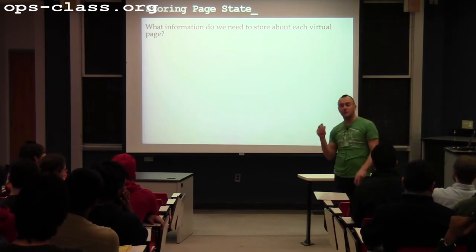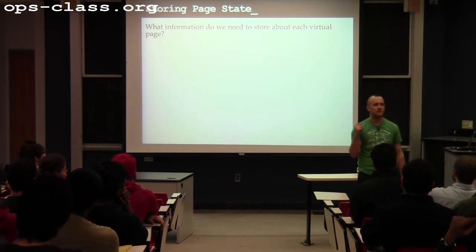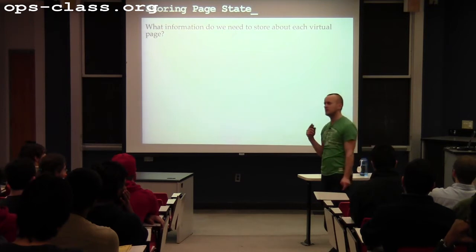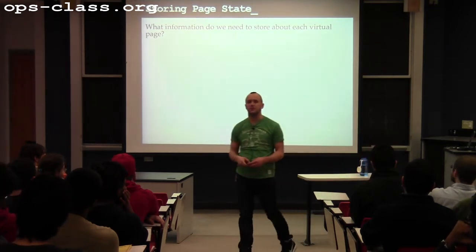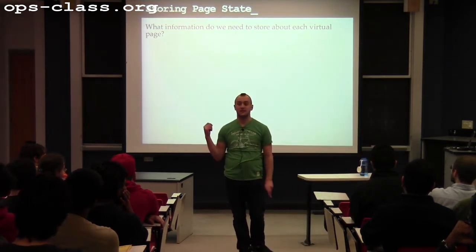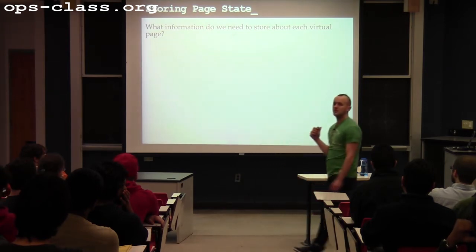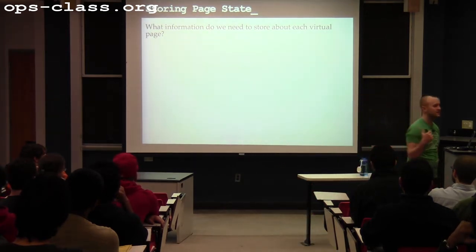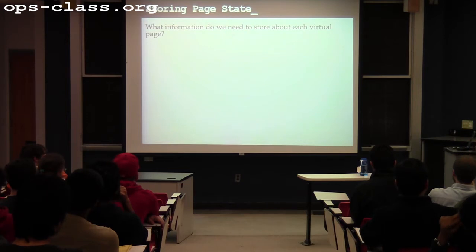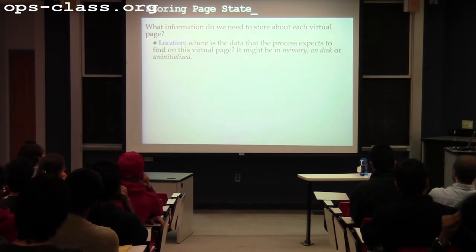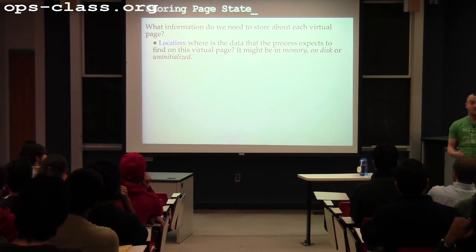So we might know the physical page, but what has to be true about this page if I have a physical page number for it? What does it mean about the page contents? Not a trick question. Where are they? They're in memory, right? So I need to know, where is the page? Is it in memory?